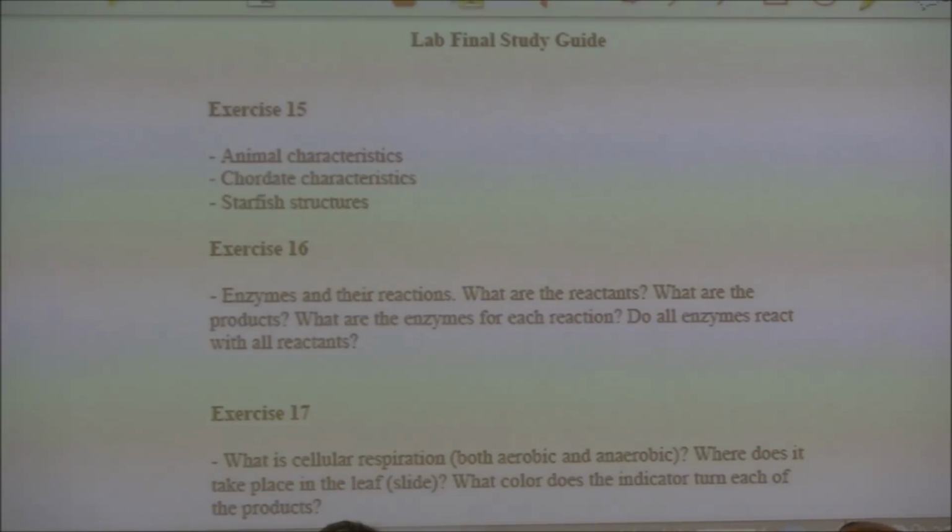What's the last one? Postanal tail. Of these 5, what is the one characteristic that humans have when they're fully developed? Dorsal hollow nerve cord.